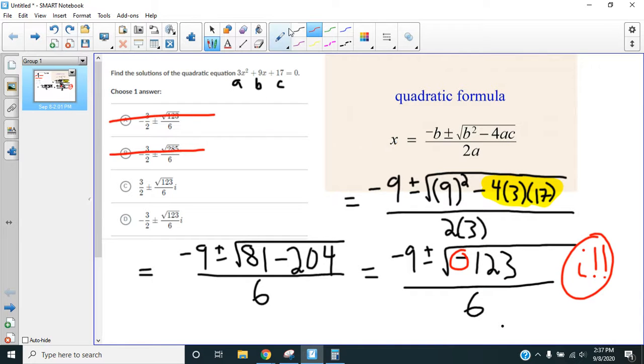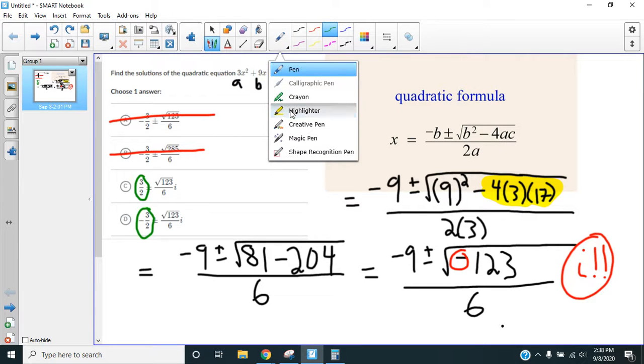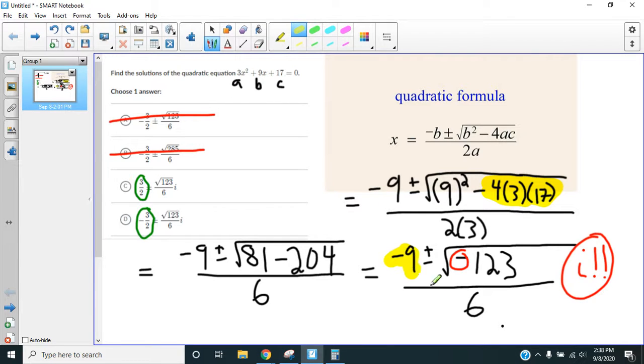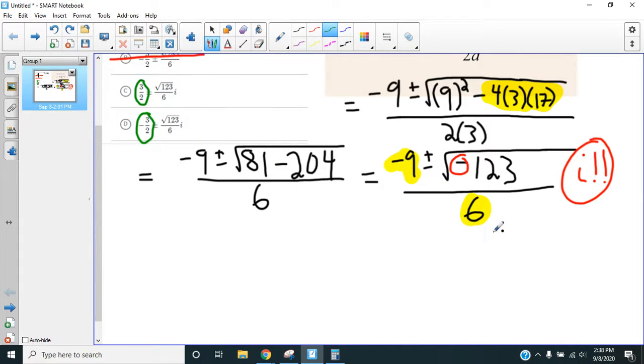Next, I want you to notice the first part of these two choices. This says positive 3 over 2. This one says negative 3 over 2. If we notice negative 9 over 6, if I separate the quadratic formula, which I can, into two separate fractions, I end up with this.